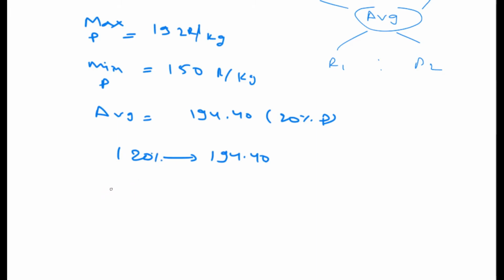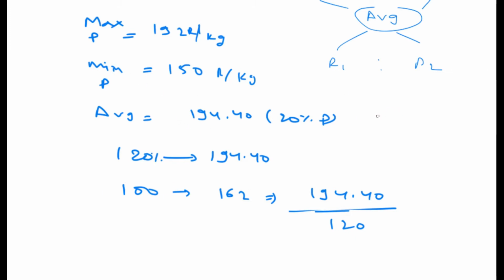So when we say 100%, it will give us 162. Let's look at how to solve this: 194.40 divided by 120 gives us 162.